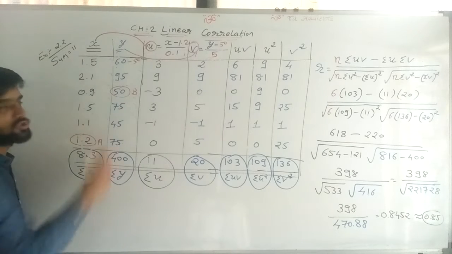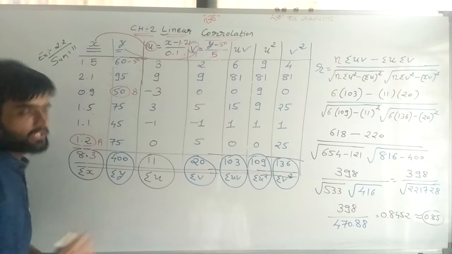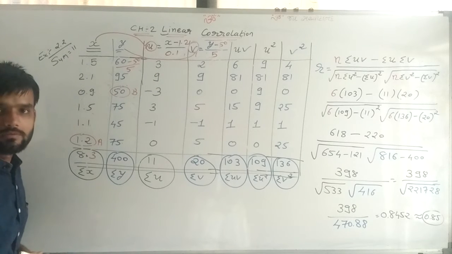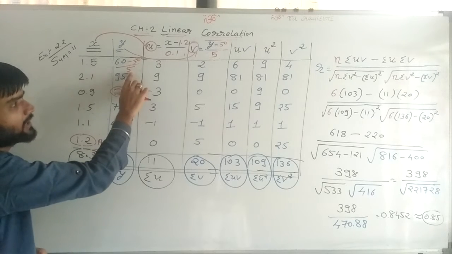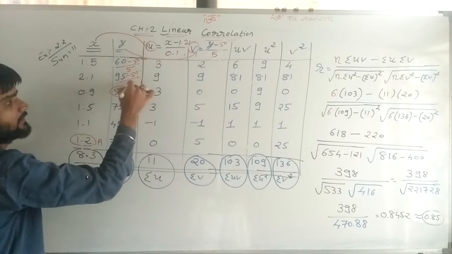So from all the values of y, we are deducting 50 and dividing by 5. So 60 minus 50, 10. 10 divided by 5, 5 twos are 10. Answer is 2.